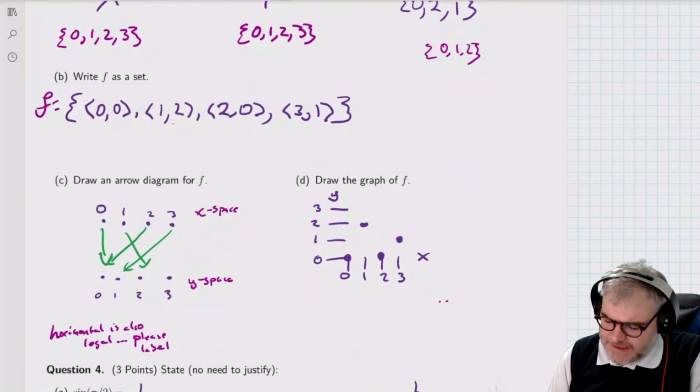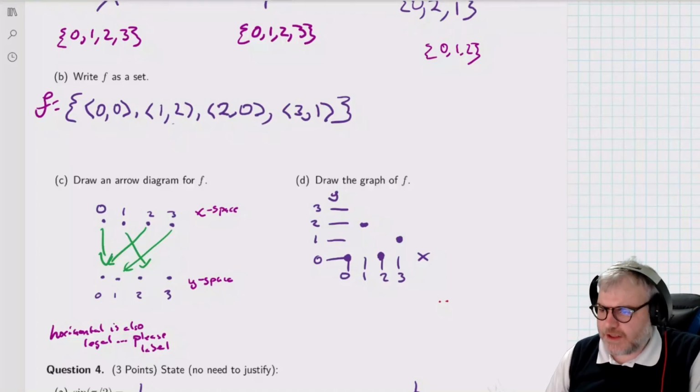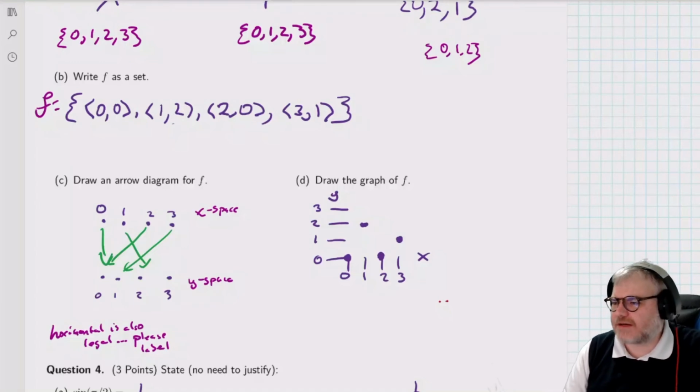This is my X space, this is my Y space. 0 went to 0, 1 went to 2, 2 went to 0, 3 went to 1. 1 to 5, how do we feel about that little arrow diagram?